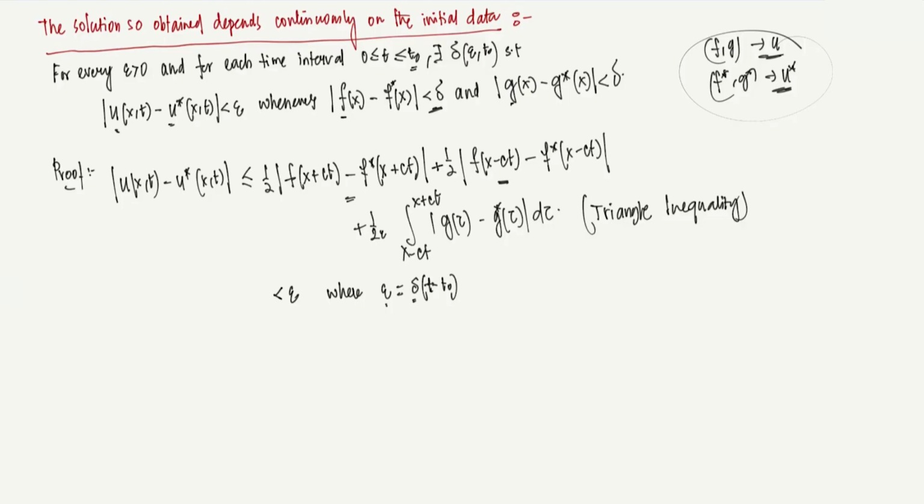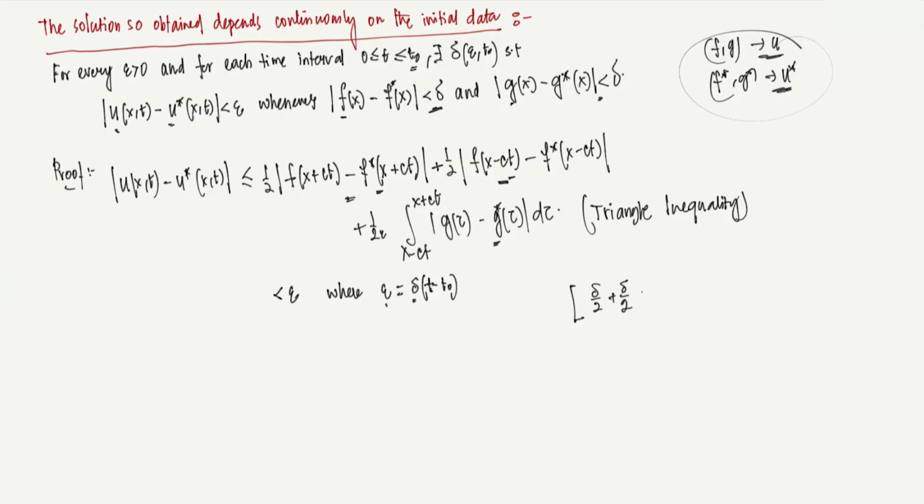Why is this true? Let me give you an idea. This particular term, the first term, is basically less than delta by 2. This term is again delta by 2. And this term is less than delta again.